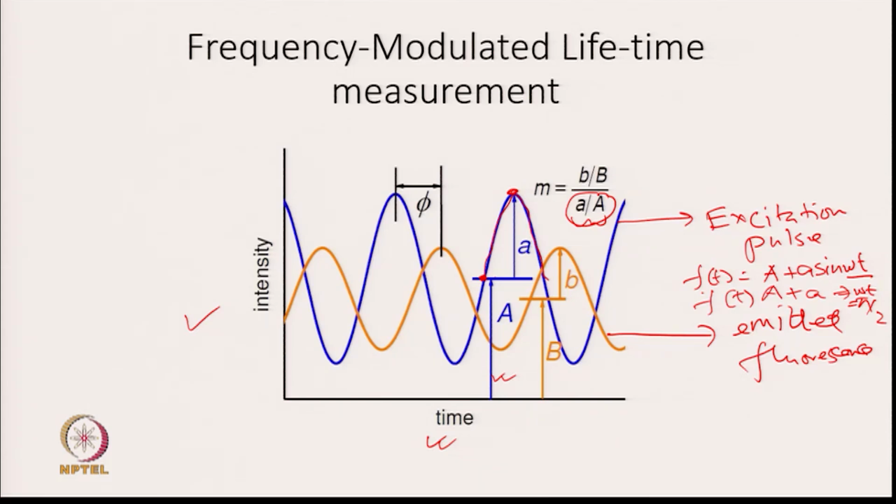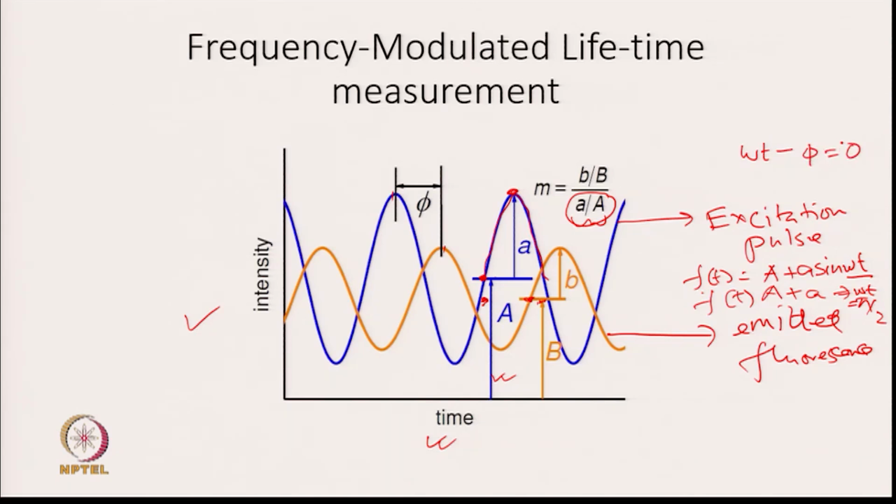Now, let us look at the emitted light. Here you can see there is a phase shift, this is your phase shift phi. If you go from this point to this point, there is a shift of phi. At this point, omega t minus phi is going to be 0.